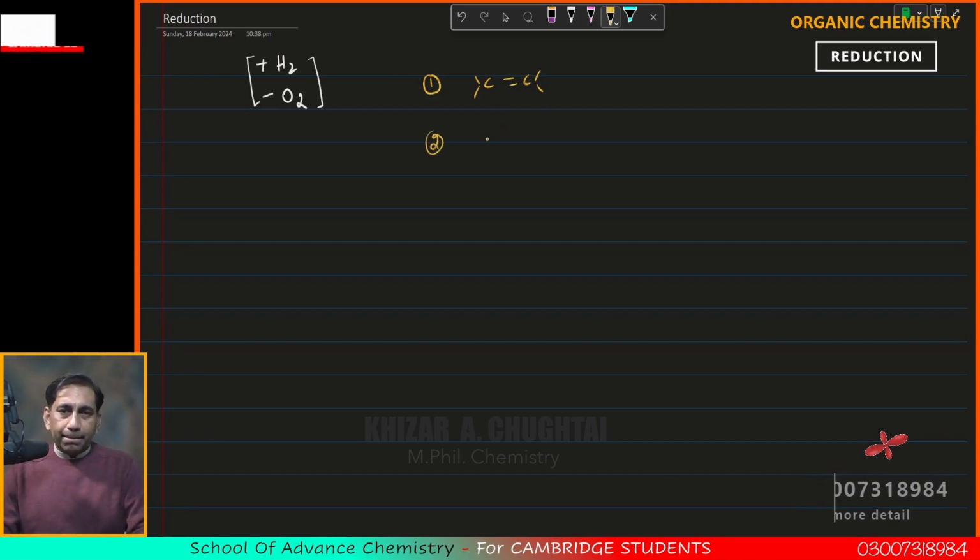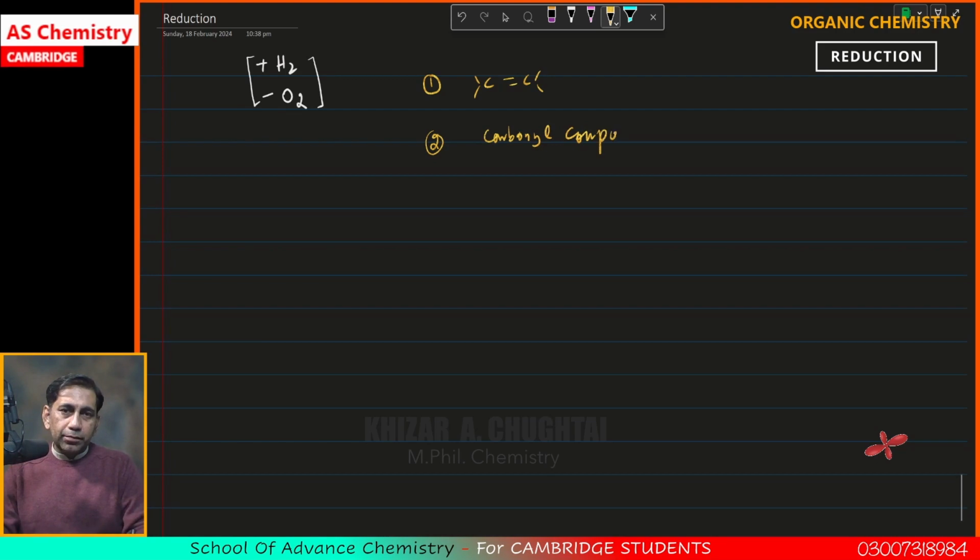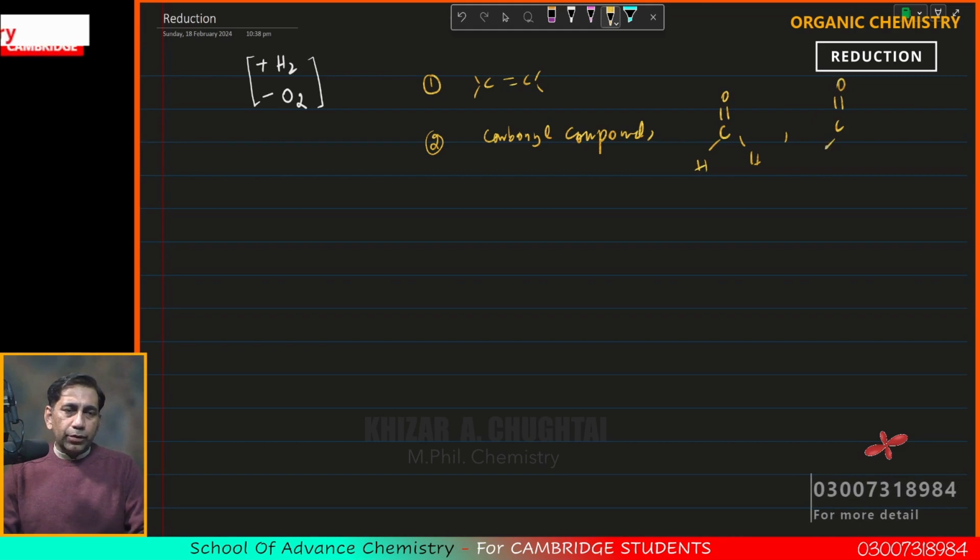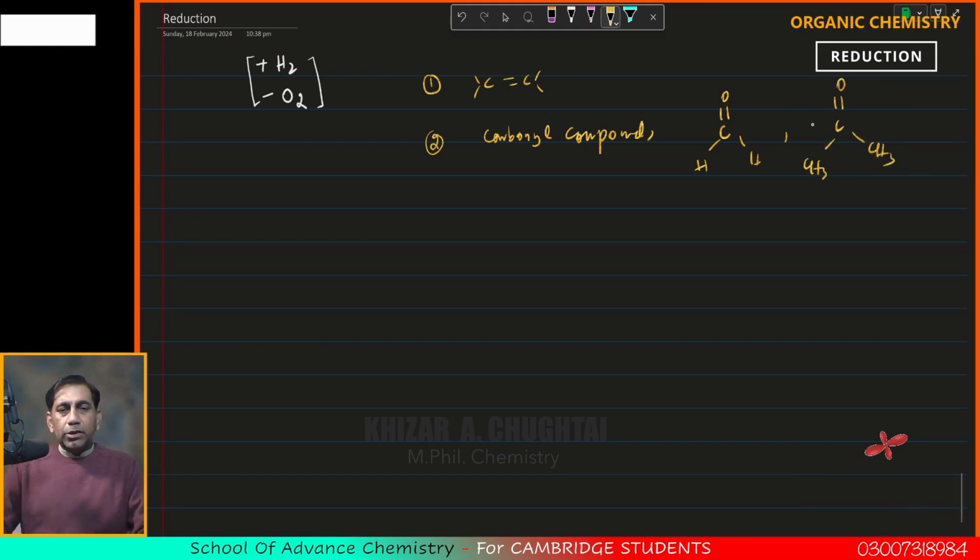Number two, carbonyl compounds. Carbonyl compounds are of two types. One is aldehyde and the other is ketone.